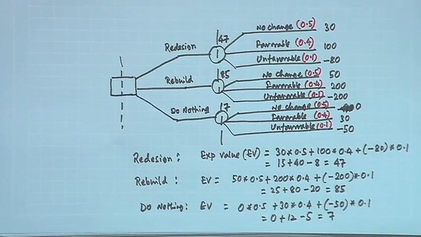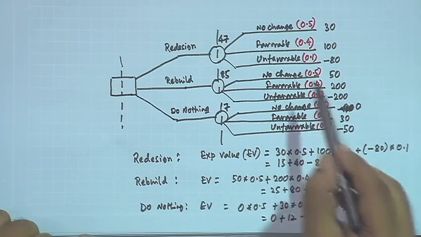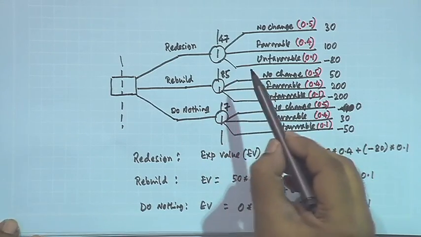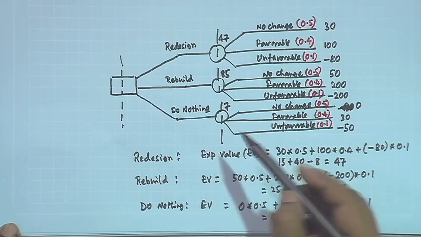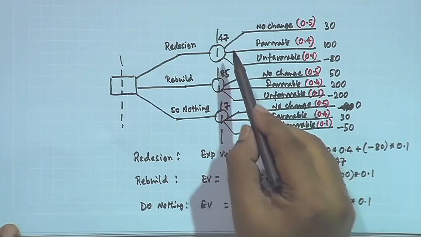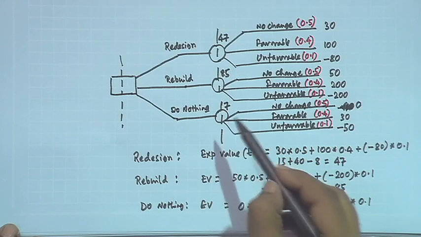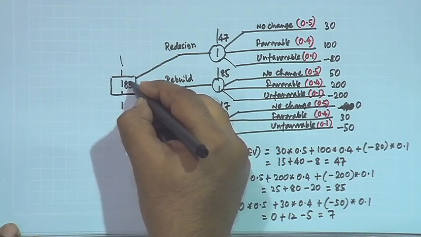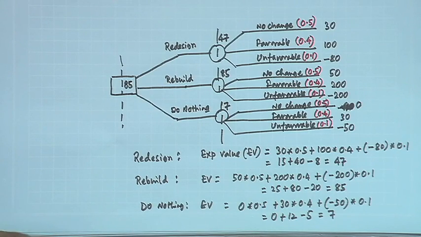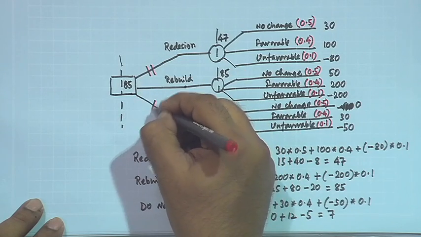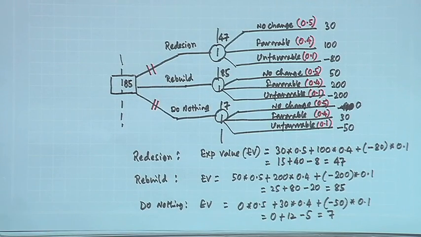Now, let us look at what we have done. We have computed for each decision option the payoffs in terms of the expected value. So, the expected values are 47, 85 and 7. Since 85 is the highest, it is expected that one would go for the rebuild option and the other two options, that is redesign and do nothing, will not be taken.